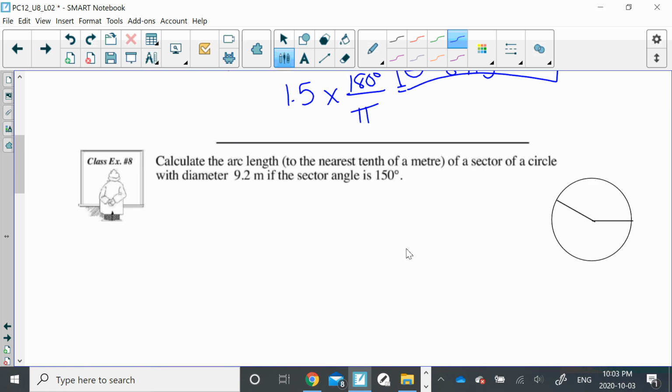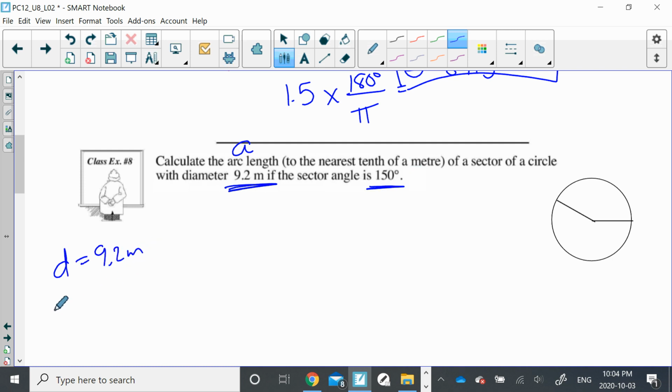Okay, let's look at the next question, class example 8. Calculate the arc length. They want us to calculate what A is, of the sector of a circle with a diameter of 9.2 meters and a sector angle of 150 degrees. They give us that the diameter is 9.2 meters.